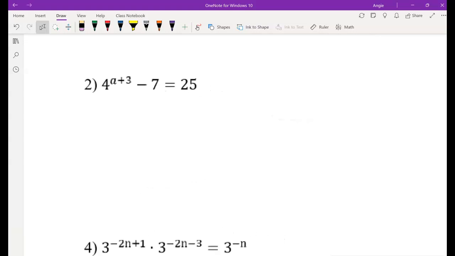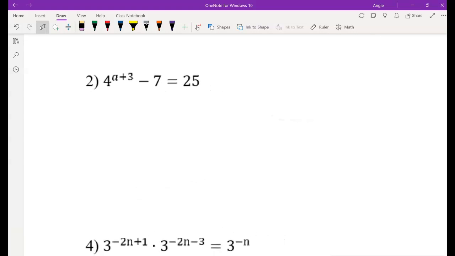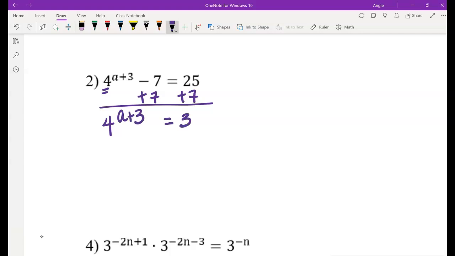Example 2 says 4 to the power of a plus 3, minus 7, equals 25. As you can see, on the left side the base 4 is not isolated, so we isolate it by removing anything that's around it. So we have 4 to the power of a plus 3 equals 32.